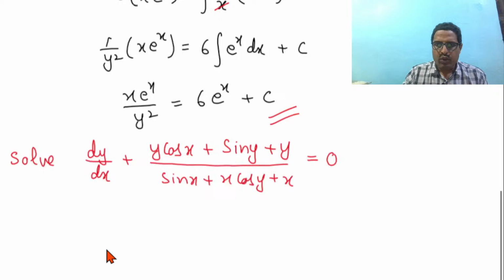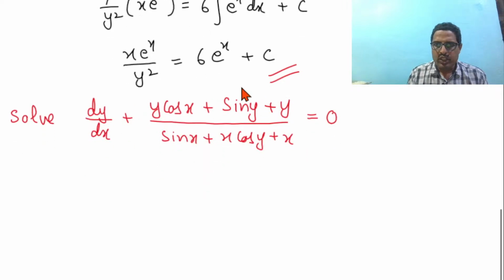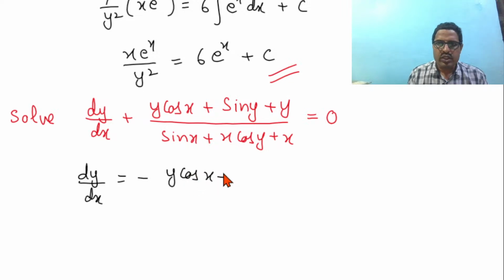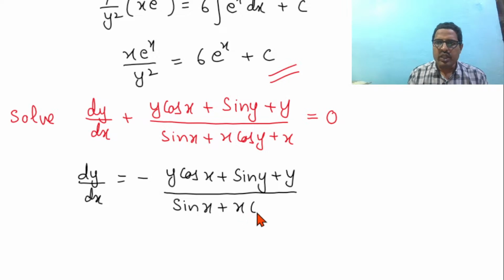What we'll try to do is send the entire value to the right hand side. We get dy by dx equal to minus (y cos of x plus sin of y plus y) whole divided by the denominator (sin of x plus x cos of y plus x).